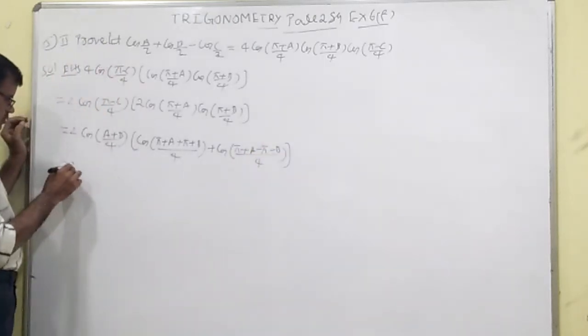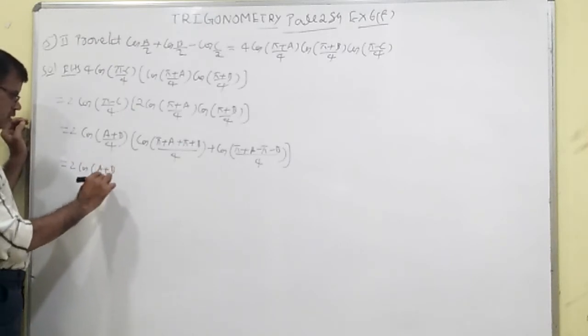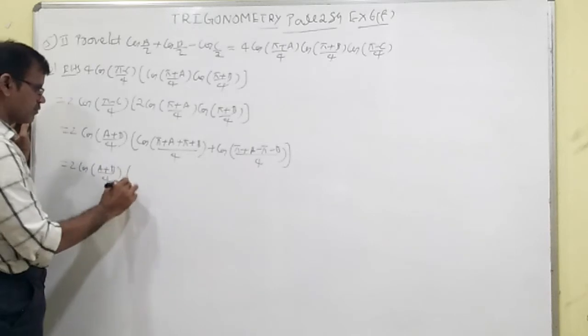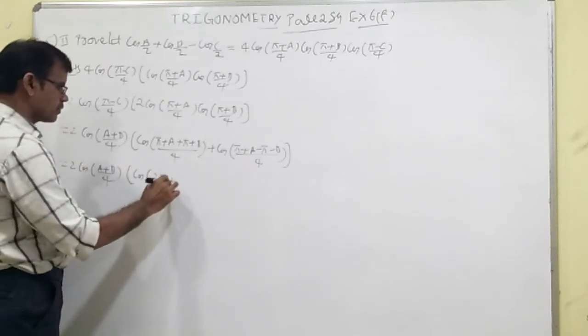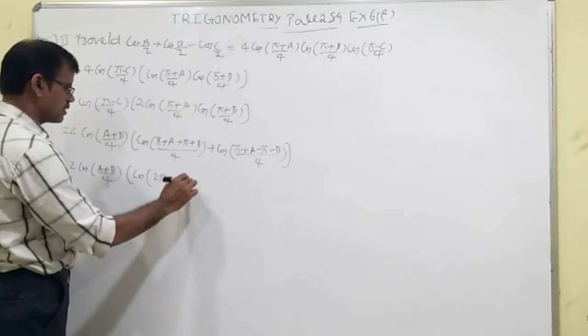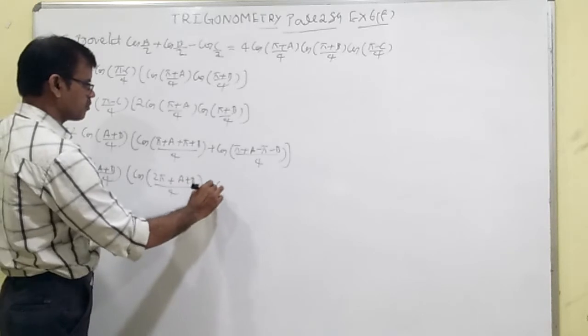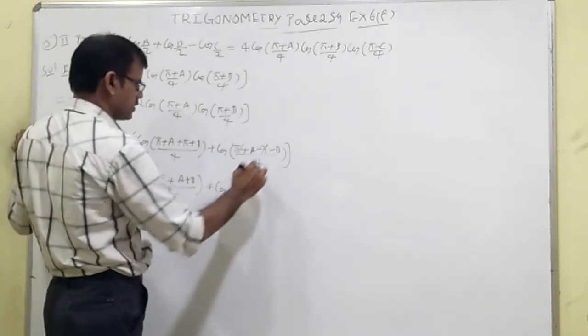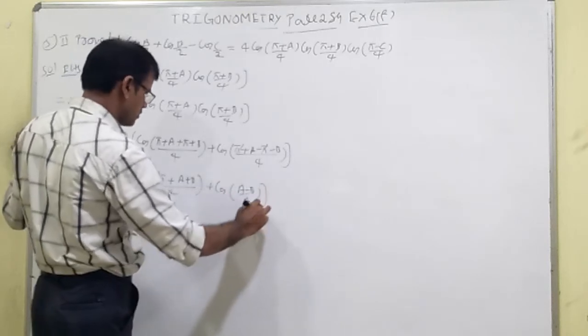That is equal to 2 cos of (a plus b) by 4 into cos of (2 pi plus a plus b) by 4 plus cos of, pi get cancelled, (a minus b) by 4.